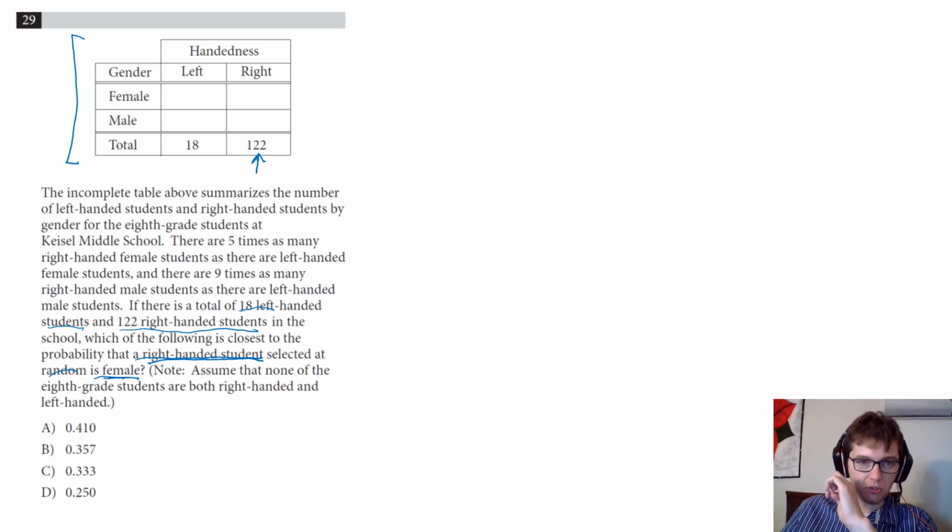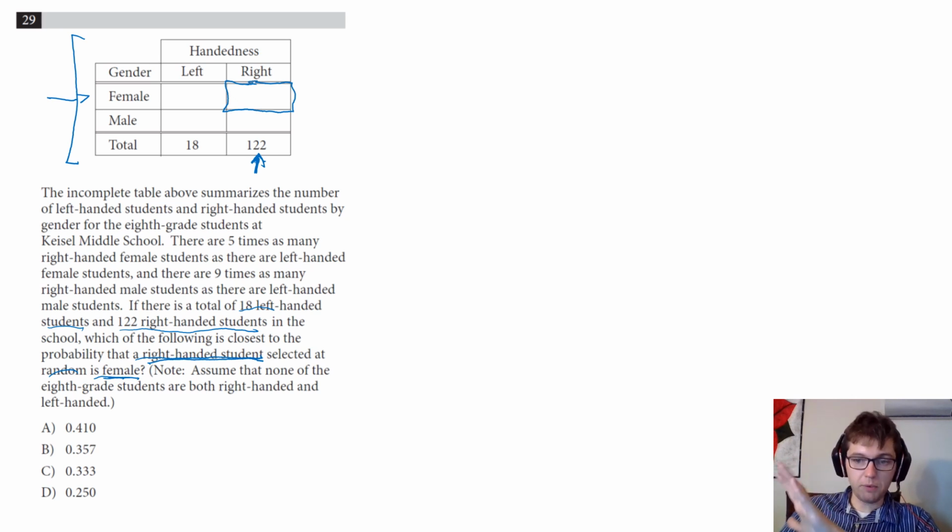So they're looking for this column right here. If you're selecting from this 122, what is the probability that it comes from this cell right here, female? That's what we're looking to calculate. We know the 122. We need to calculate this cell.